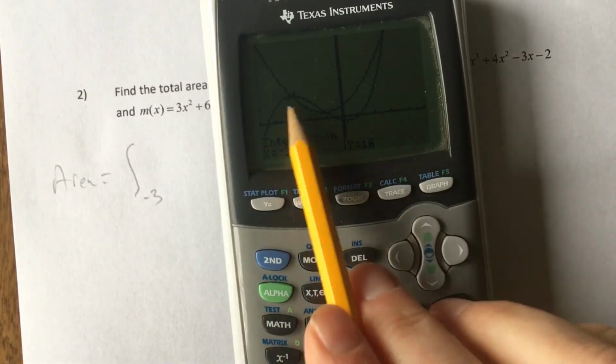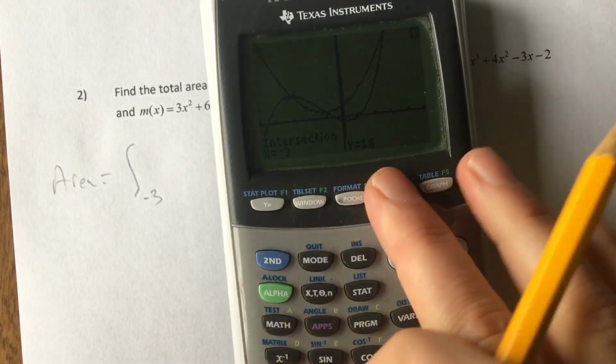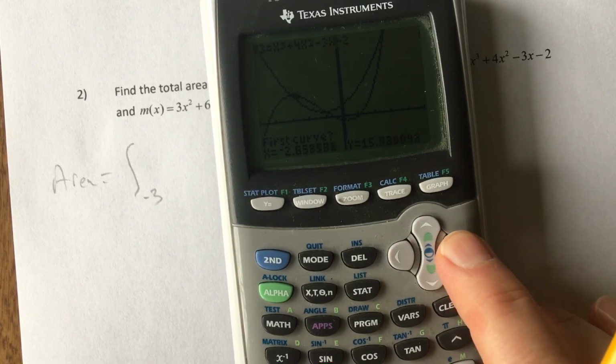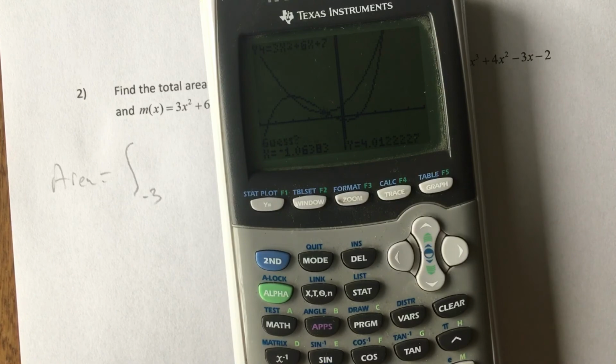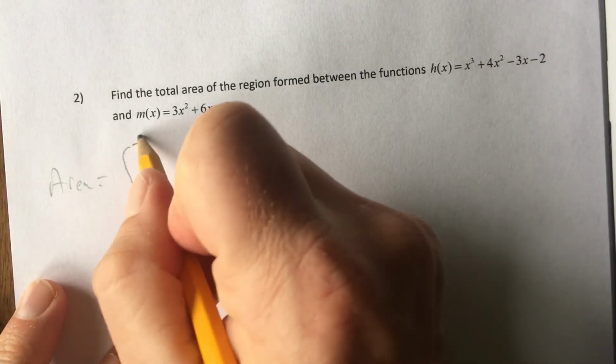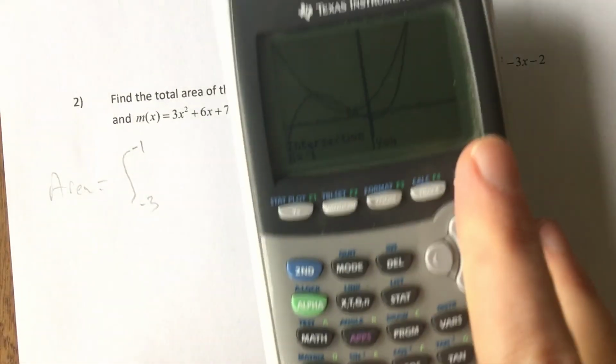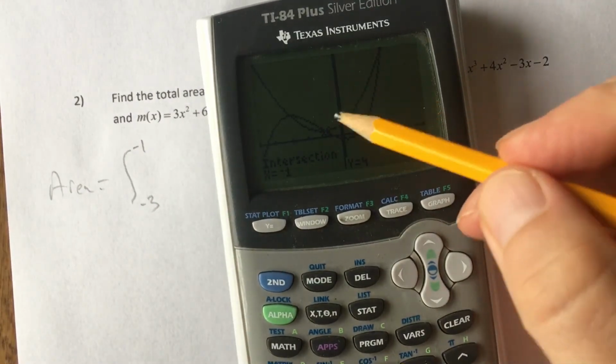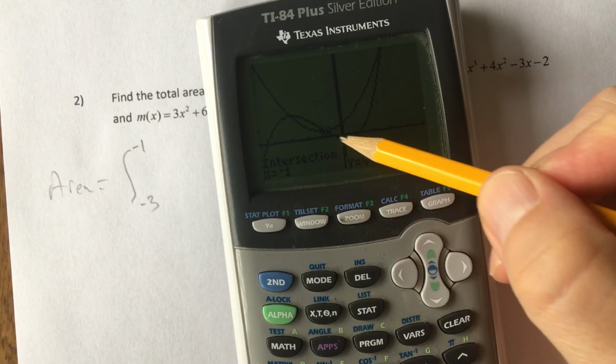And then how far am I going to let it go? Well, we have to get to this intersection. So I'm going to intersect down here, get close, and that's at -1. So the first area will be from -3 to -1, and according to this, the cubic function is the top.